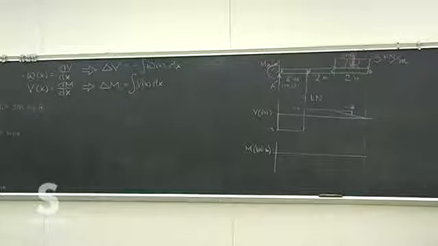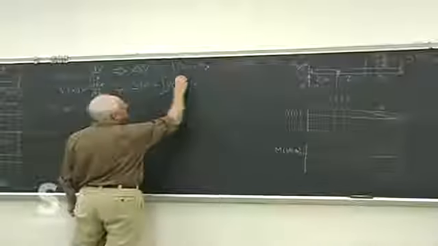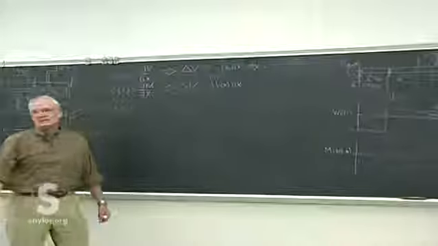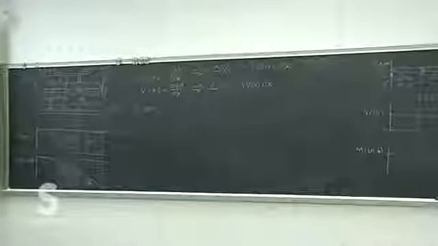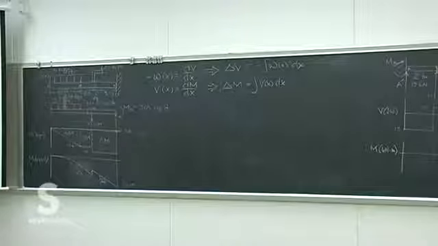For the moment diagram, it helps a lot, I think, to remember that relation, that the change in the moment for any section is the area under the shear curve between those same 2 points. So I think that can help a lot.